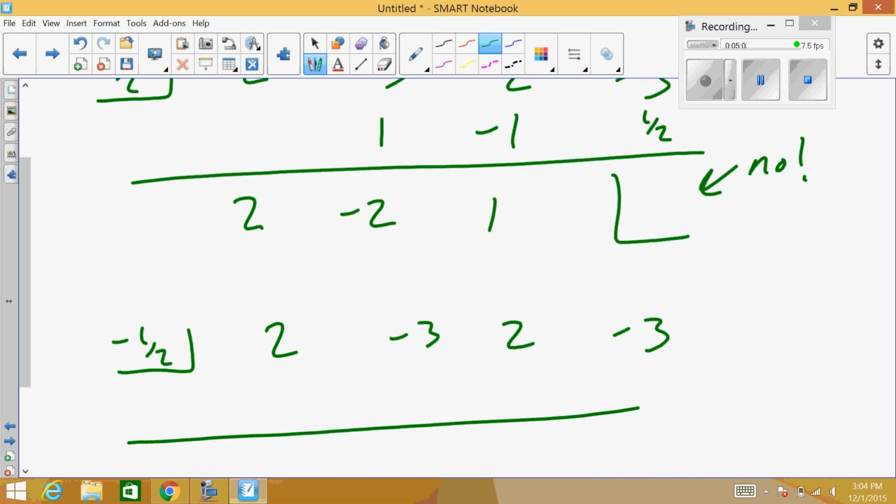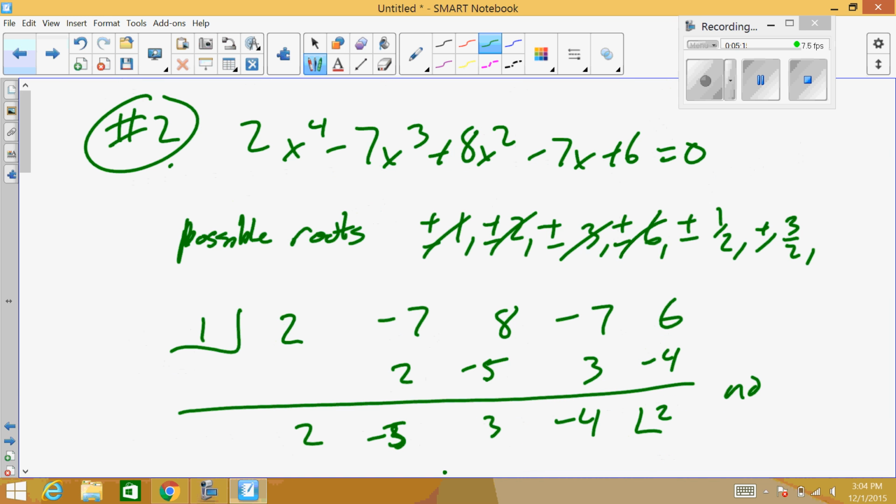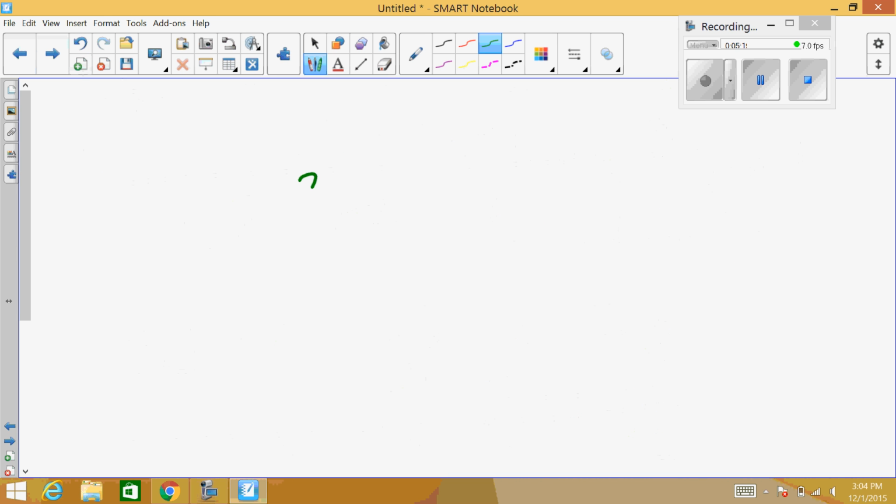Looking back at our theorem, it says the root must be a ratio of a factor of the constant and a factor of the leading coefficient. So we're always going to write the factor of the constant first. Any factor we pull from our constant is the numerator. And we're going to create a big list of possible roots.